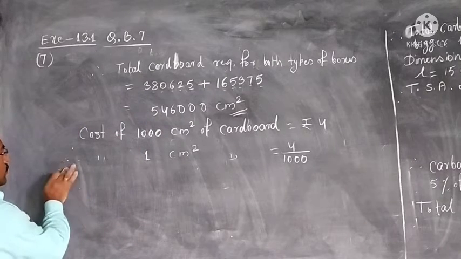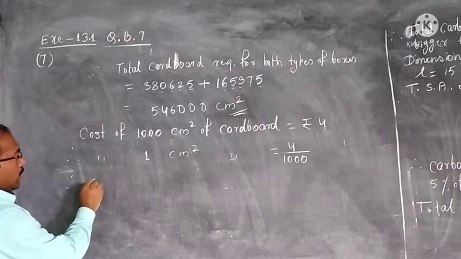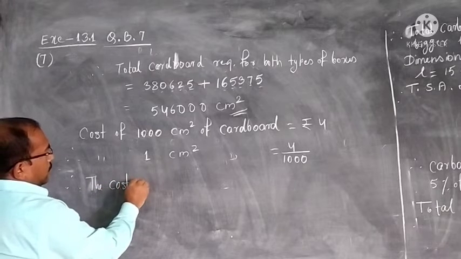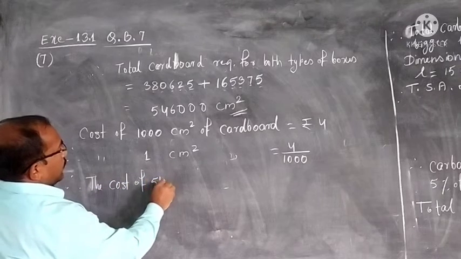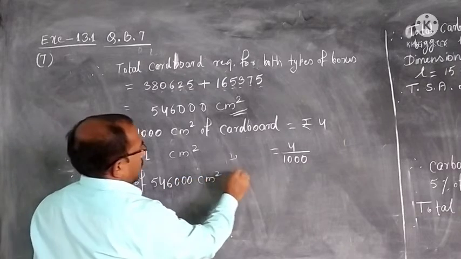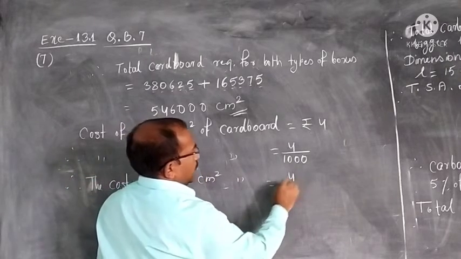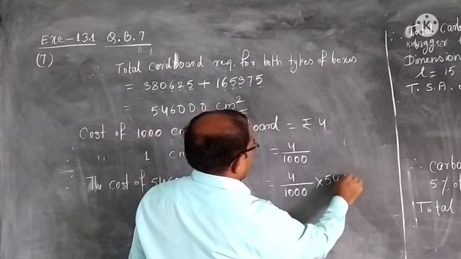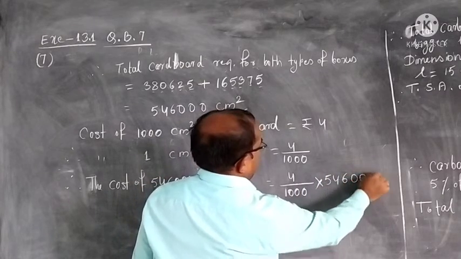Therefore the cost of 5,46,000 centimeter square of cardboard will be 4 by 1,000 into 546,000.